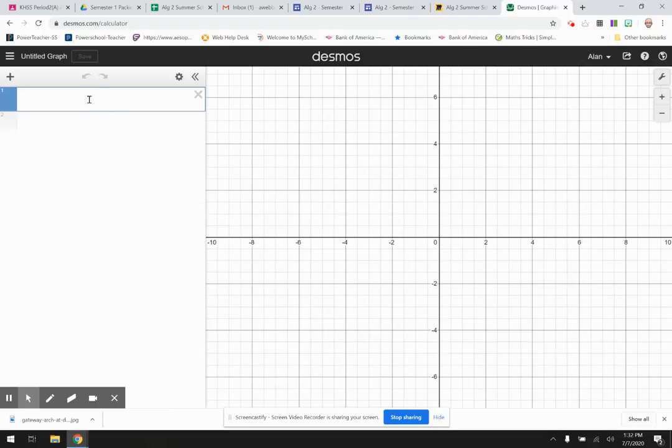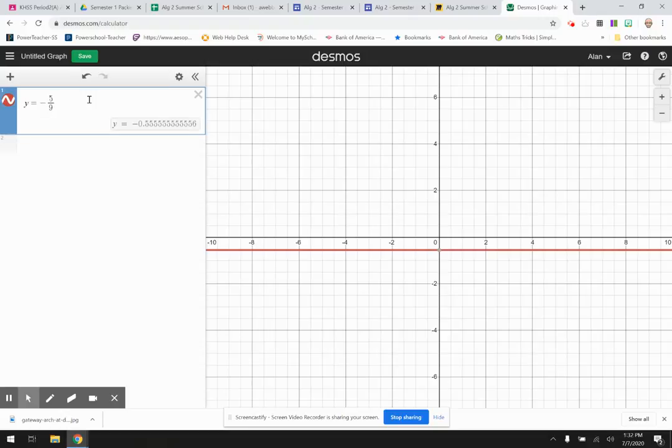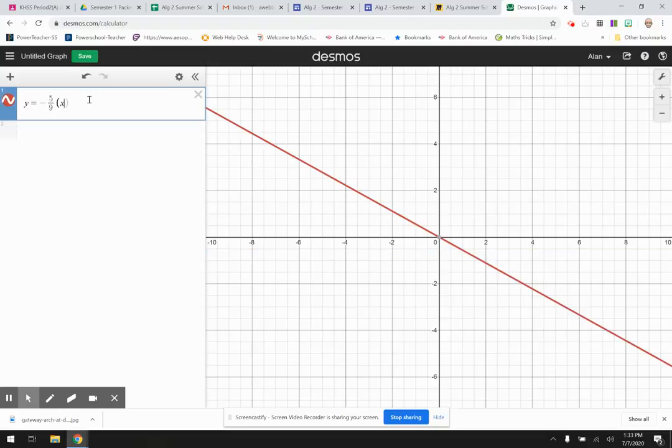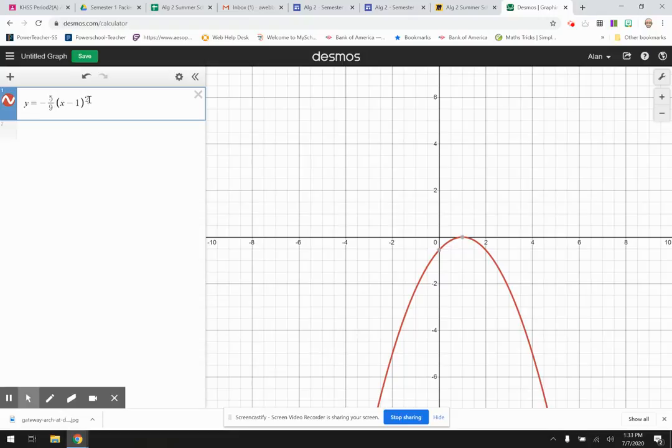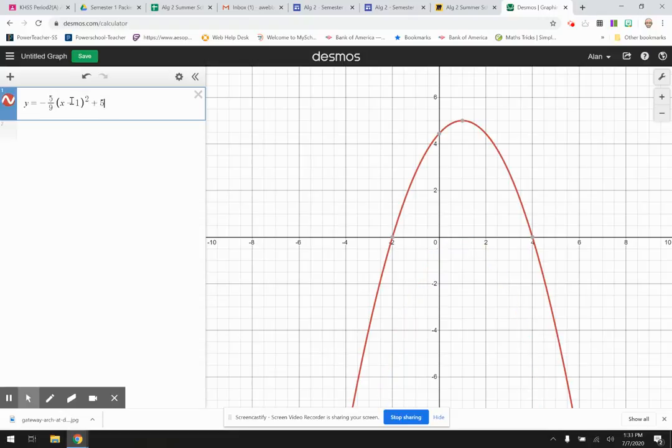Okay, so the first equation that we had was y equals negative 5/9, and then parentheses, x minus 1, into parentheses, and then up caret and a 2 for squared, and then plus 5. Okay, so that's 1.